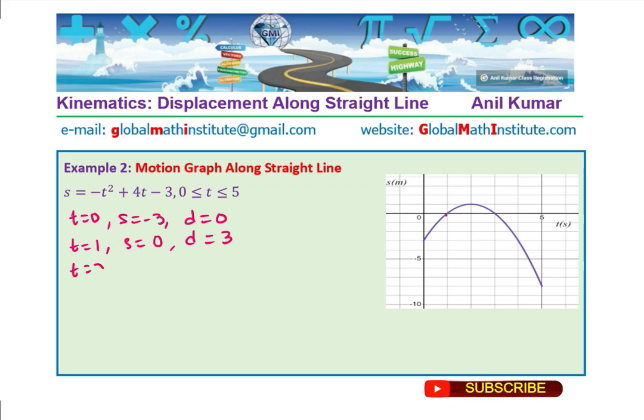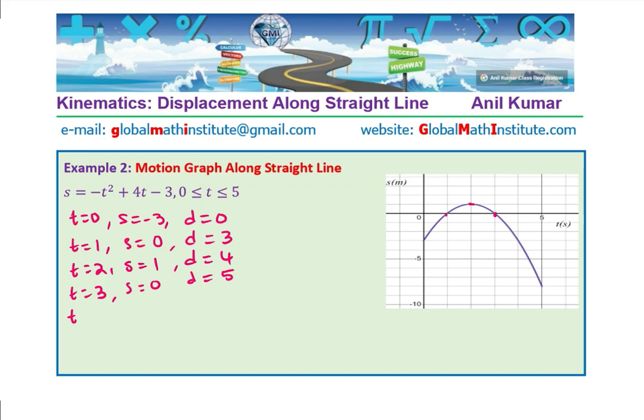At t equals to 2, s is equal to 1 and distance is added by 1 more, it comes to 4, right? At t equals to 3, we have a displacement of 0 and distance again added by 1, it becomes 5. And at t equals to 5, displacement is minus 8 and distance is adding 8 to 5, which is 13, right? All in meters. You see this position, right?